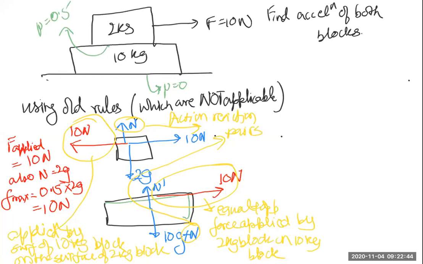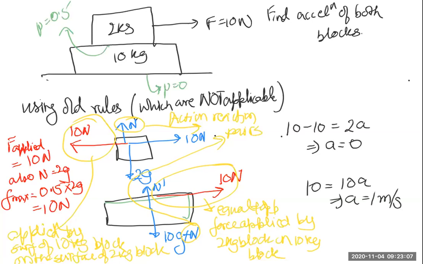So after having drawn the FBD and having put in the value of all the forces, now I can find acceleration. And here I can say that 10 minus 10 must be equal to 2a. So a is equal to 0. And here I must have 10 is equal to 10a. Therefore, a must be equal to 1 meter per second square. Right? Now, this is an extremely weird result.